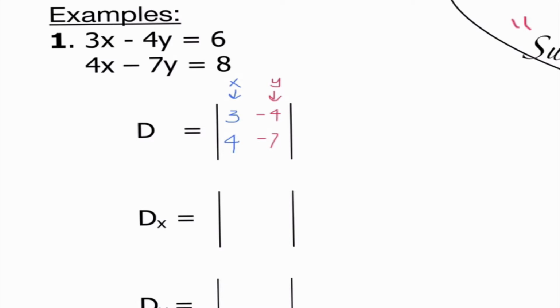Now, we are going to start in the top left-hand corner, and I am going to multiply down across our diagonal. So what I mean by that, I'm starting up here and I'm going to do 3 times -7. So I'm going to write out 3 times -7. At this point, Mr. Determinfish tells us, subtract, baby. So I need to remember to put a minus sign, and then I'm going to multiply -4 times 4.